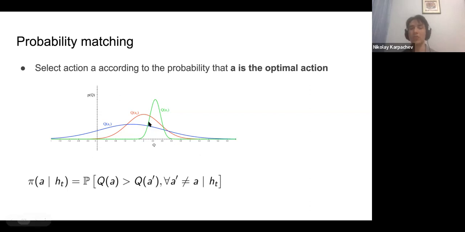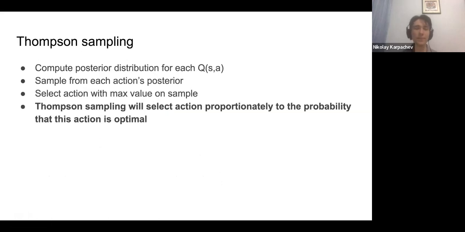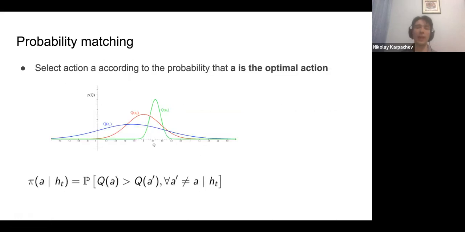Those are the distributions of how reward for each action changes based on the history of our previous episodes. So we compute the posterior distribution, or in case of non-Bayesian approach, we simply compute the histogram, or something like the histogram.